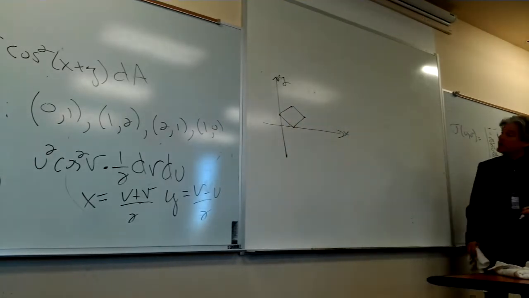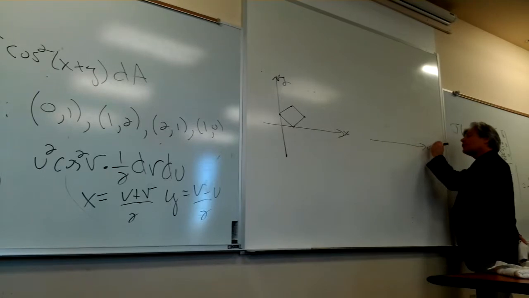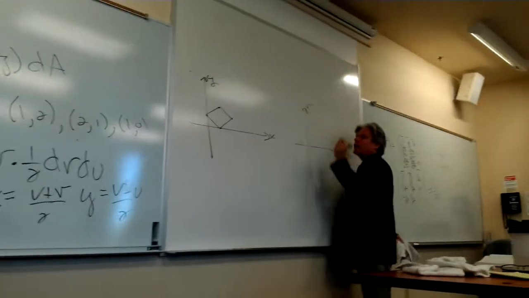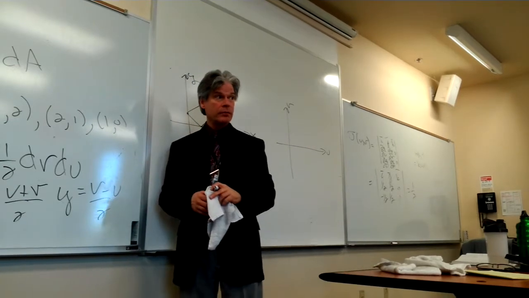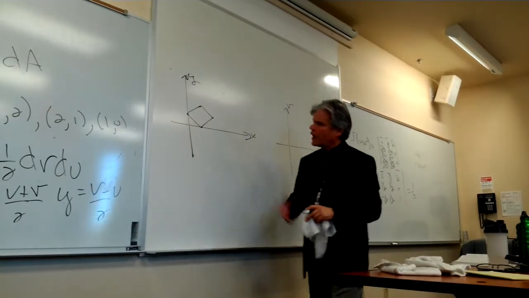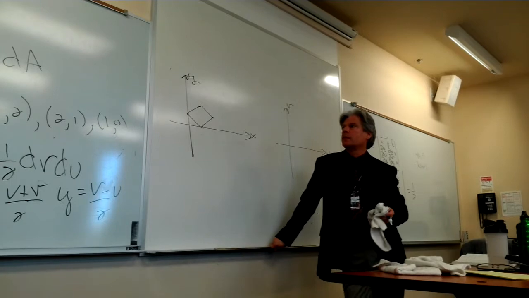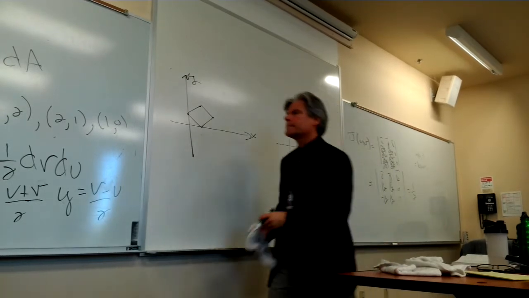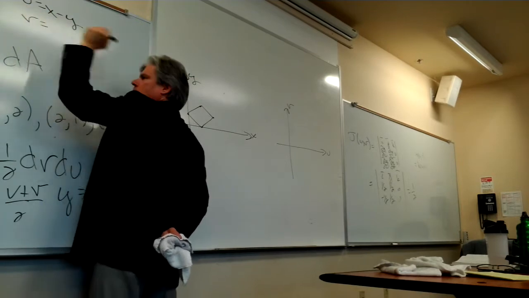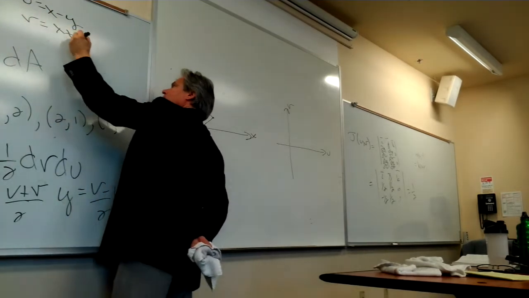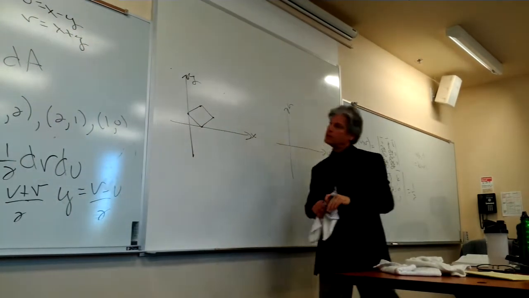Now let's see what it looks like in the corresponding uv coordinate plane. Here's the u axis. Here's the v axis. Actually, it's going to be a very linear type of transformation. How do you think I should find the corresponding values? Anybody?